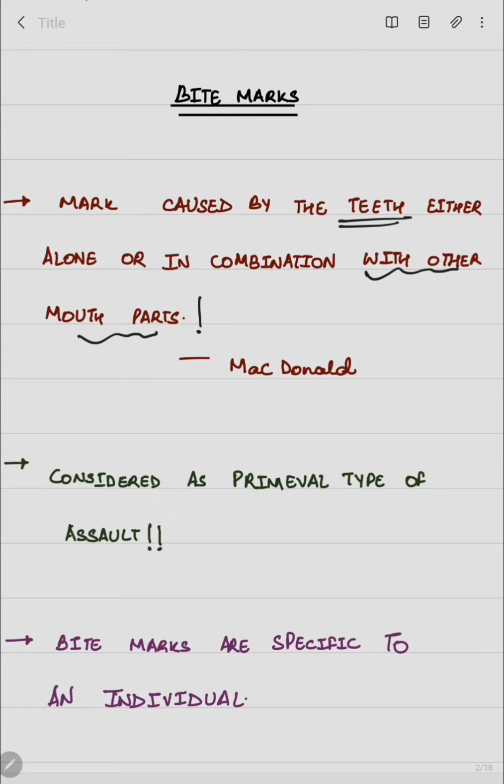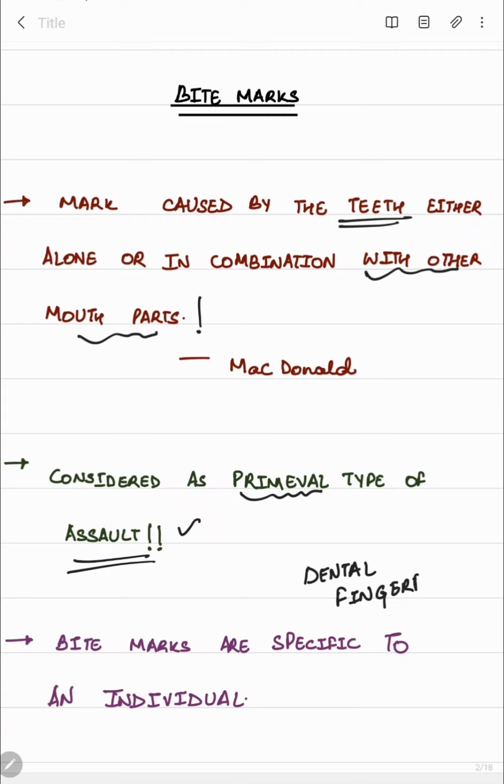So bite marks are considered a primeval type of assault. Bite marks are also known as dental fingerprints, because they are very much specific to an individual. Just as fingerprints are specific to an individual, the same way bite marks are specific to an individual, right?